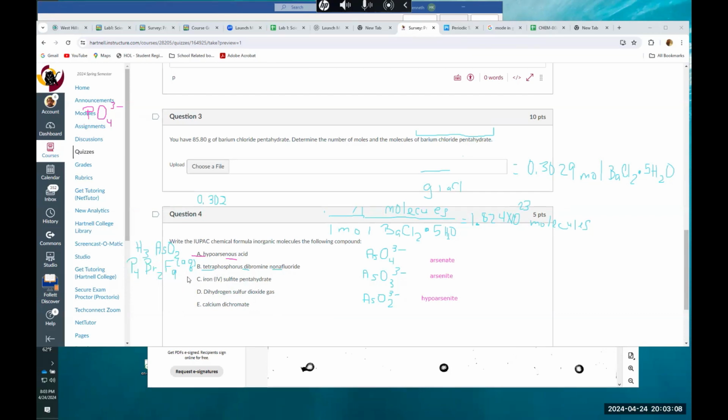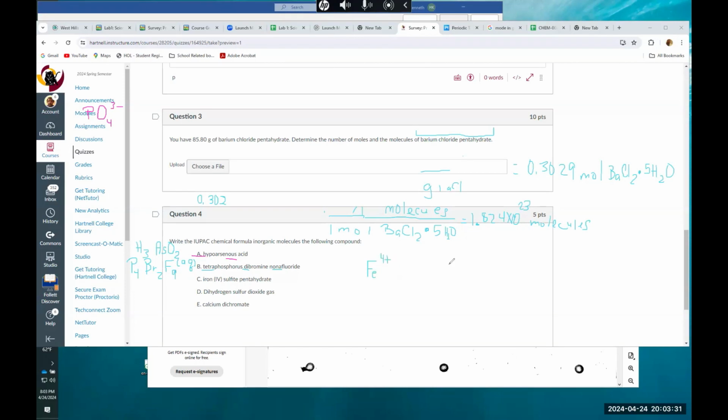Okay, number C. Iron is going to have a +4 charge. What is the symbol for iron? Fe. So we know it's going to have a +4 charge.